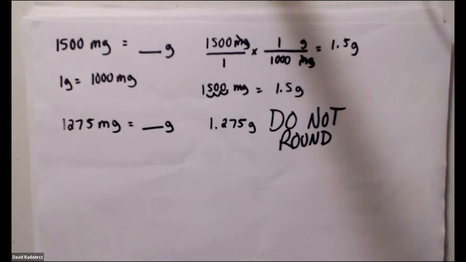Okay. This is very, very specific for these sets of problems. When we go from pounds to kilograms, we're going to round, but that's because we're going from household to metric. That's why we round. But when we're going metric to metric, do not round. When we're going household to household, most likely you're not going to need to round.